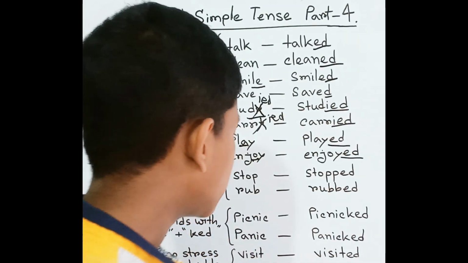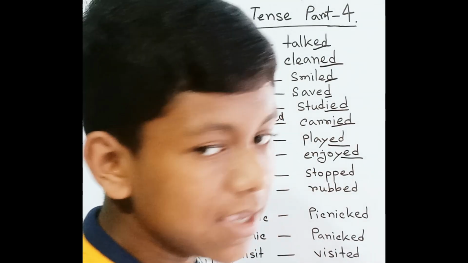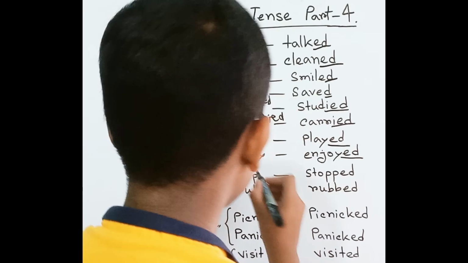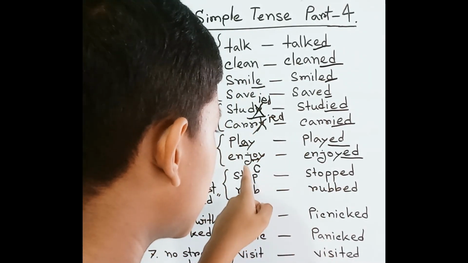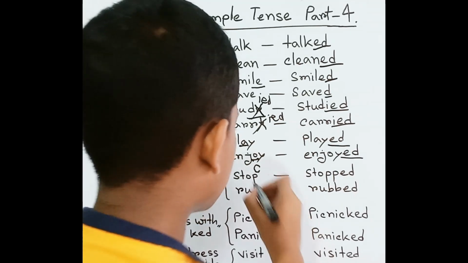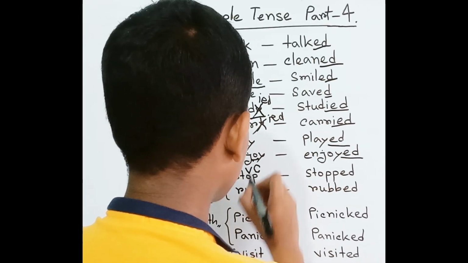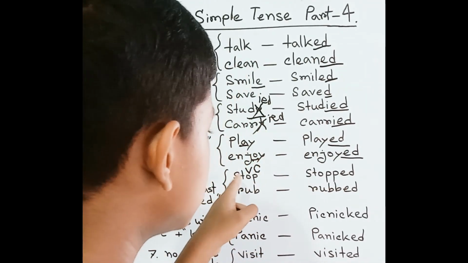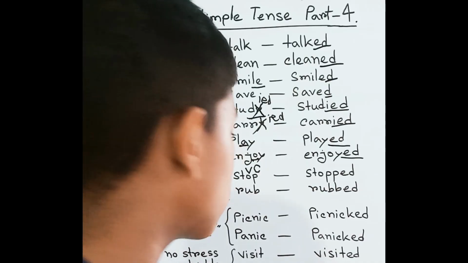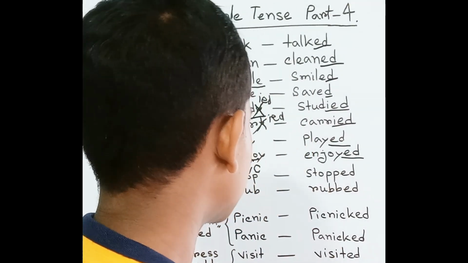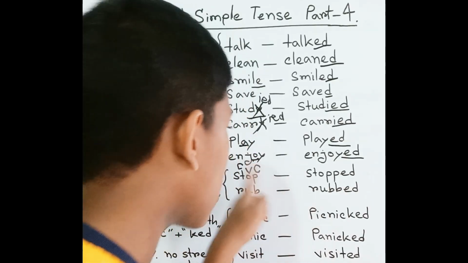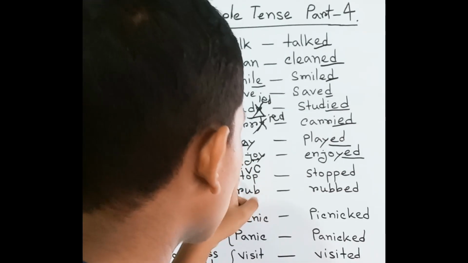So how? First of all, P is consonant, that is C. And the O is V, O is vowel. And T is consonant. So it starts from the end.